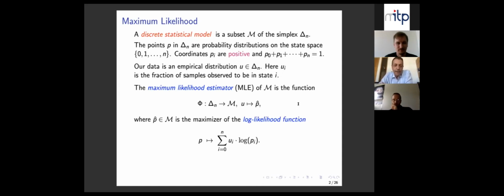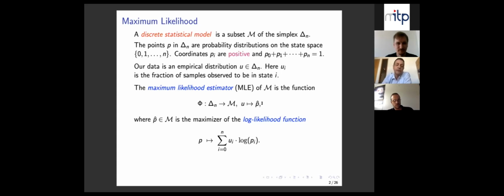In maximum likelihood inference, we are trying to find the point in the model that best explains the data in the likelihood sense. So the maximum likelihood estimator of some model M is the retraction from the simplex onto the model, the map from the open simplex onto the model, where the image p hat is the maximizer of the log likelihood function.